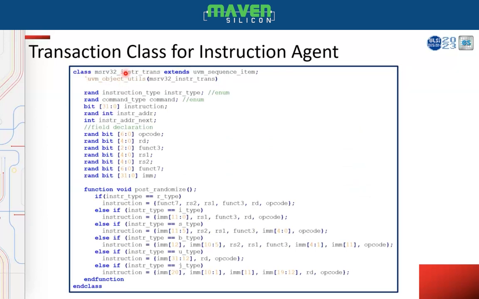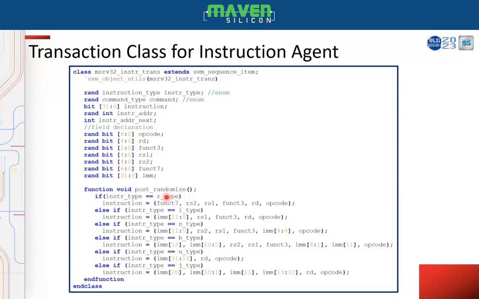In our transaction class definition, we have defined various fields like opcode, RD, funct3, funct7, RS1, RS2, and immediate value. Everything has been declared as rand type, and we have written some constraints so that, depending upon the type of instruction, the opcode, funct3 and funct7 values will be decided. Finally, after randomization, within the post randomize function, based on the type of instruction, we use a concatenation operation to generate the 32-bit instruction.